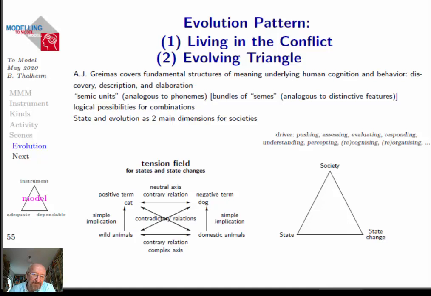In this case, they provide something like a simple implication or a generalization. We can say, okay, fine, cats are maybe wild animals and dogs are domestic animals, and there is an interrelation of that. That means Greimas defines so-called semic units, an analogy to phonemes, maybe a bundle of themes, an analog to distinctive features.